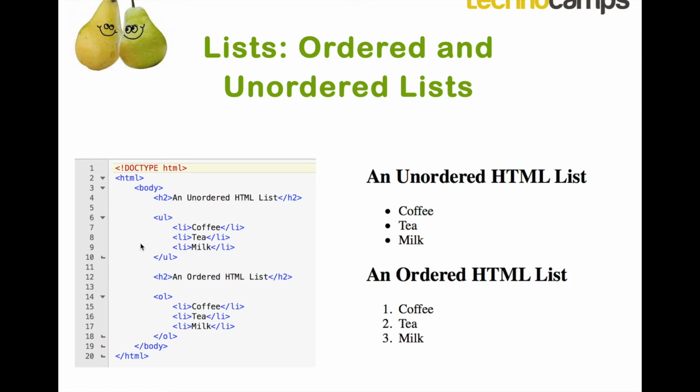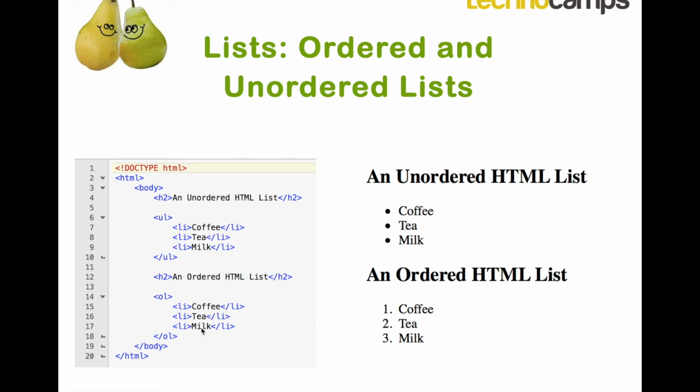So essentially we are creating an unordered list, and inside that unordered list we've got list items: coffee, tea, and milk. And the same thing is happening for ordered lists. We've got the OL tag, and inside the OL tag we've got list items, and we have the same items: coffee, tea, and milk.